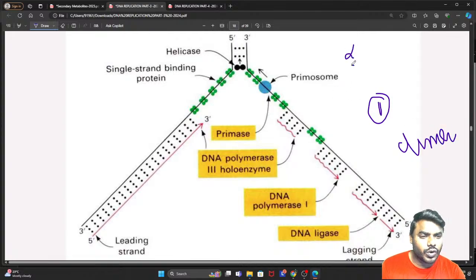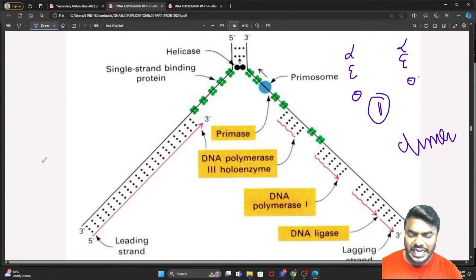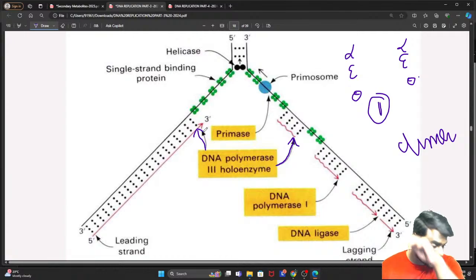So one core unit has alpha, epsilon, theta, and another core unit also has alpha, epsilon, theta. You can see the picture, friends. You can see very clearly one core enzyme associated with one daughter strand, another core enzyme associated with the other daughter strand. No point of confusion.